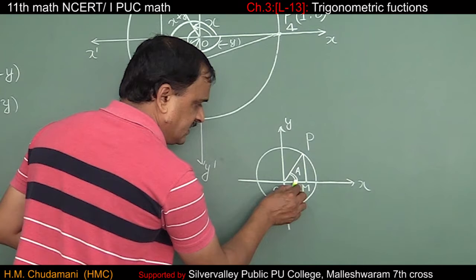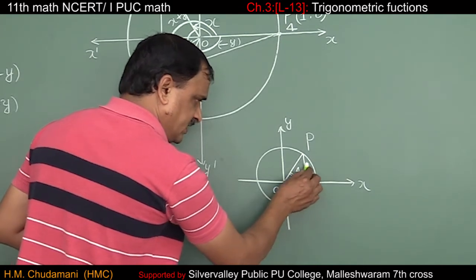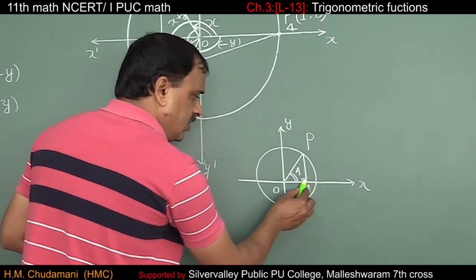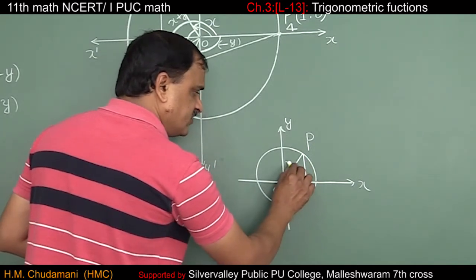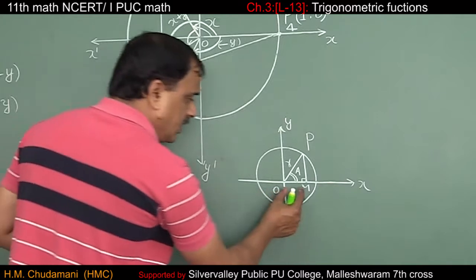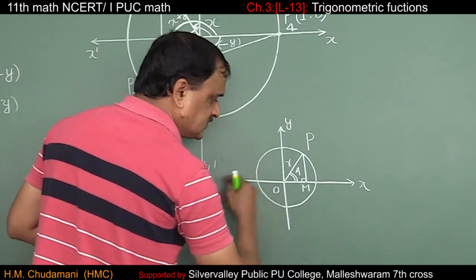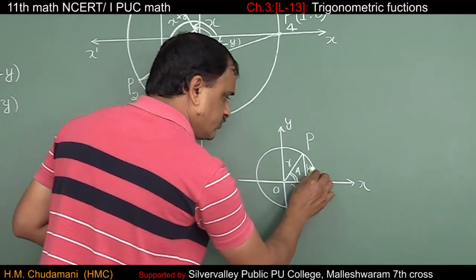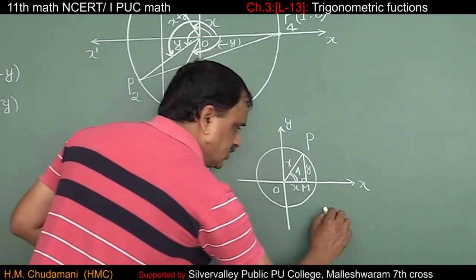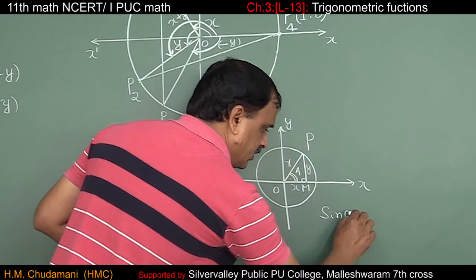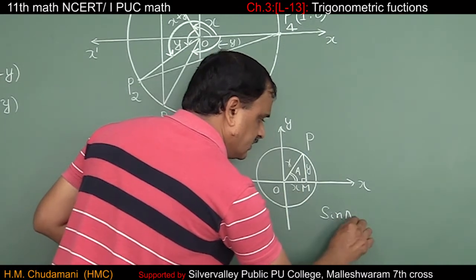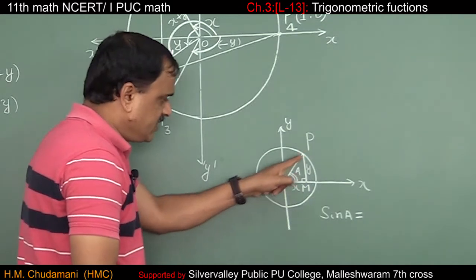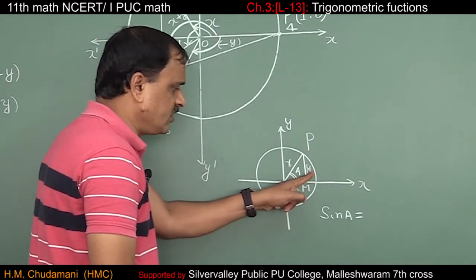Since this is the angle A, the side opposite to angle A is PM. This is 90 degrees. Opposite to 90 degrees is OP, which is the radius. OM is the measurement along the x-axis. In general, this is x unit, PM is y unit. So sine A is equal to opposite side divided by hypotenuse. Opposite side is what? Y.